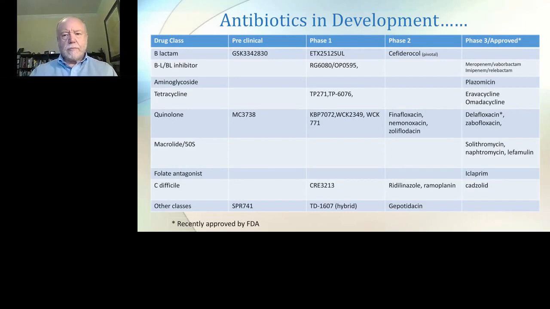So I've given you a couple of moment overview in terms of what's going on mainstream, and I think it's good now to think about what are the other compounds and agents that are around.